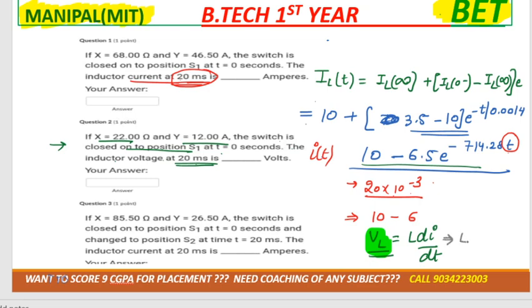So L you already know, and for di by dt you put in the equation, that is d by dt of this equation, and you need to differentiate it. The differentiation of 10 will be 0, then the constant will come outside, then again you need to put the value of t as 20 millisecond. So you will get the voltage.